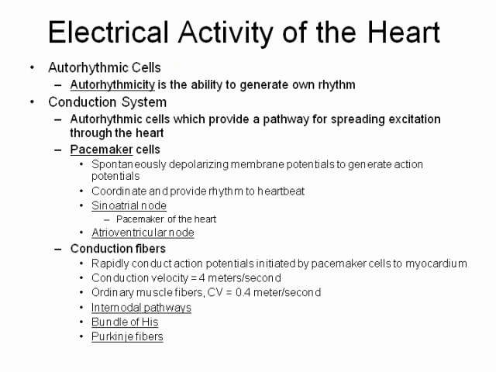These cells are part of what we call the conduction system. These provide an anatomical pathway for spreading the excitation, or the depolarization, throughout the heart. It initiates with what we call the pacemaker cells. These spontaneously depolarize, and they generate action potentials. And they are going to coordinate and provide the rhythm for the entire heart.